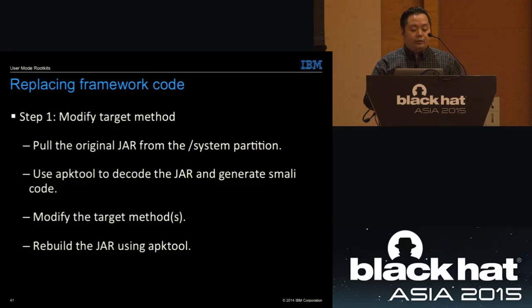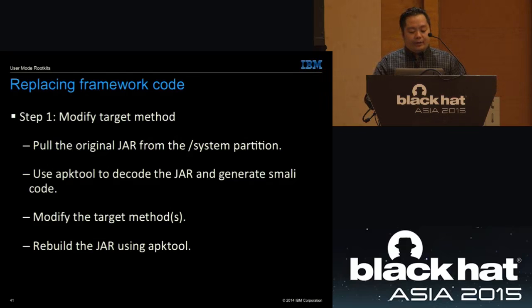So you pull the original jar from the system partition, use apktool to decode that jar and generate smali code, then look for your target method inside the generated smali, and replace that with the smali code for the method that you generated earlier.